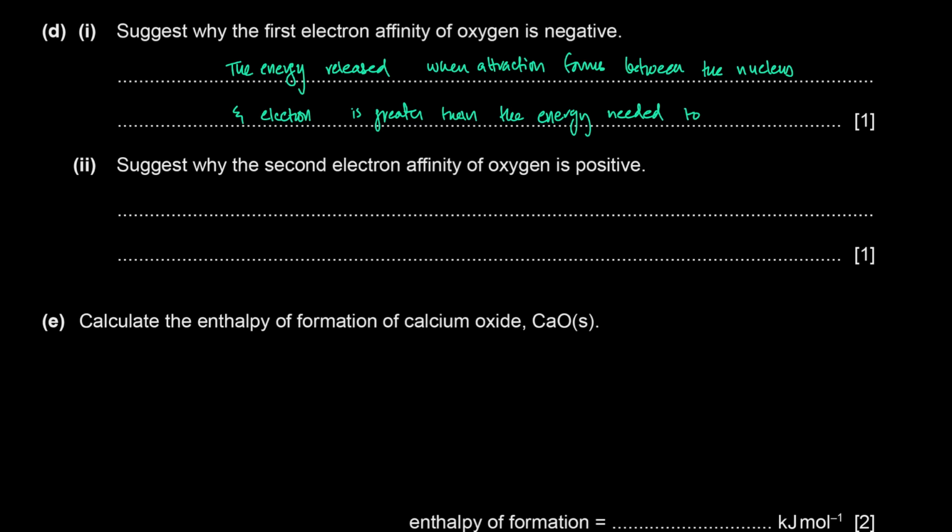So net change, we're going to have an exothermic change. In most cases, the first electron affinity is therefore exothermic. So we can say that the energy released when the attraction forms between the nucleus and electron is greater than the energy needed to overcome repulsion between the outer electrons and the incoming electron.